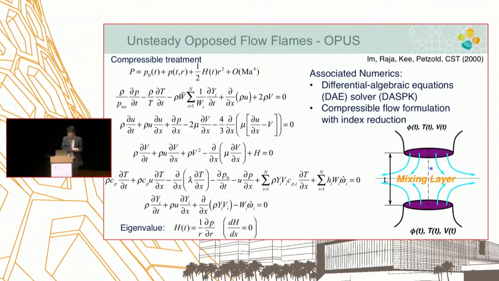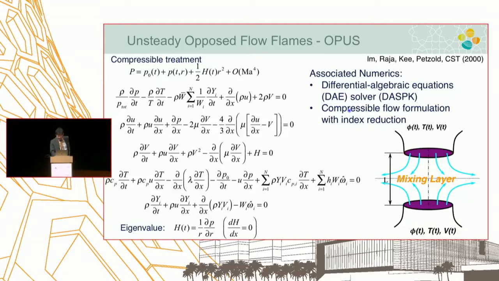It turned out to be quite a non-trivial task, and again, aside, I don't want to spend too much time on it, but as it turned out, I had to do some compressible treatment of the equation to ensure stability. Originally, the equation was written in incompressible low Mach number format, but I had to reintroduce some level of compressibility effect to stabilize the computation.